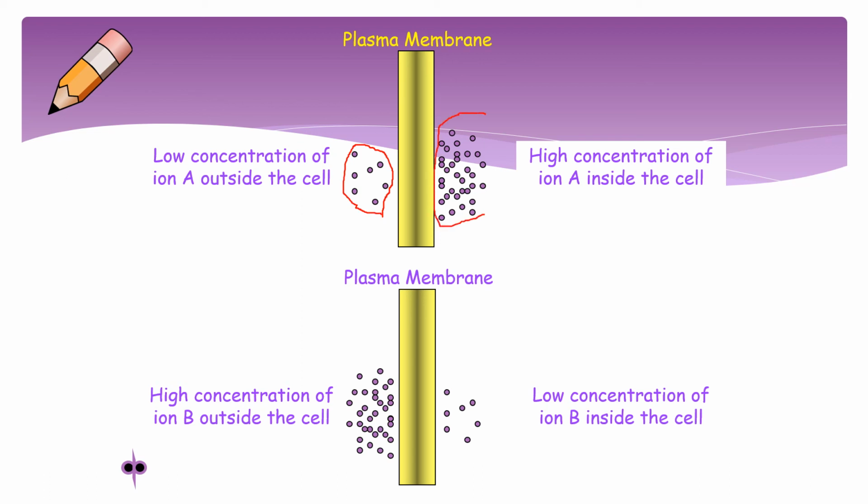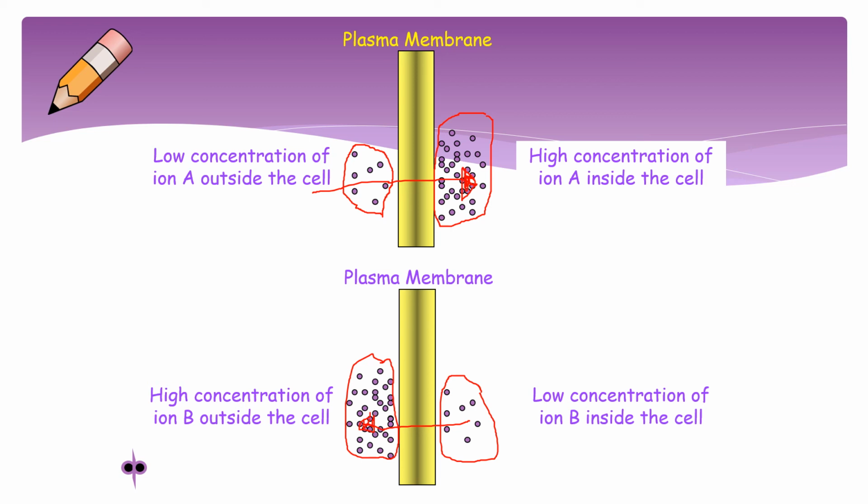Now we're talking about active transport, and we know that it's the movement of ions from a low concentration to a high concentration, so the direction of the ions must be going this way in this picture. However, in the one below, we've got our low concentration here and our high concentration at the other side, so this time it must be moving in the other direction.